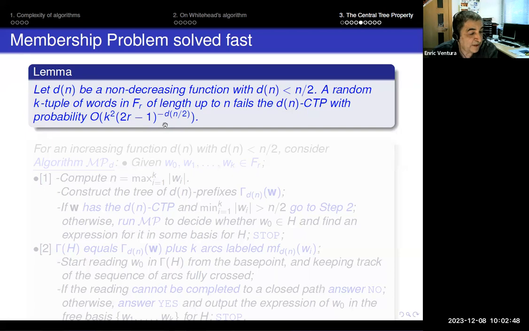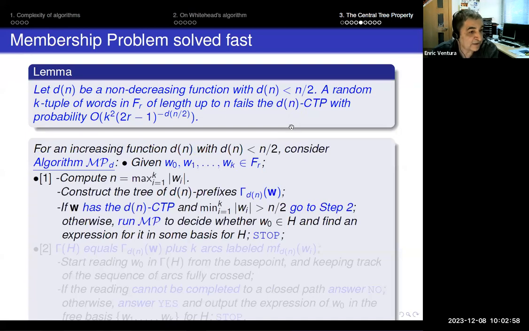So if you take an arbitrary random tuple of words, there is probability tending to 1 that this tuple has the central tree property. And in this case, the membership problem can be solved much faster from the average point of view.